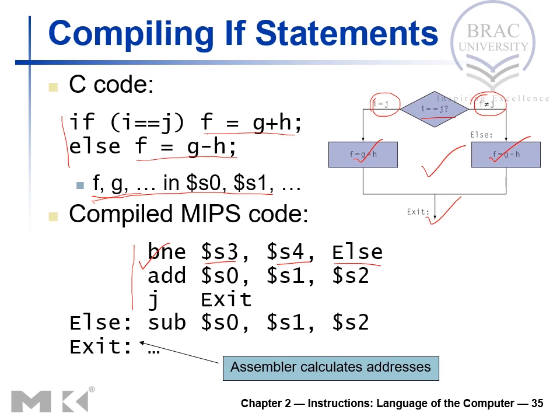If we explain this branch-not-equal instruction, what it does is: if $s3 and $s4 are not equal, then the program would go to the else memory location.